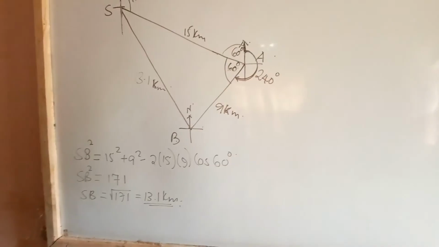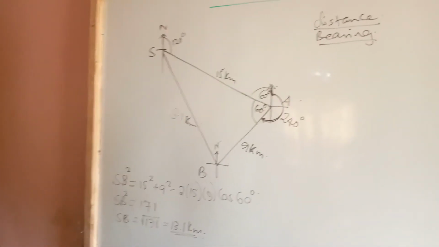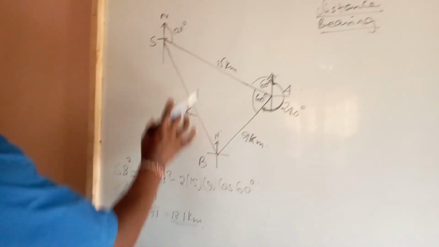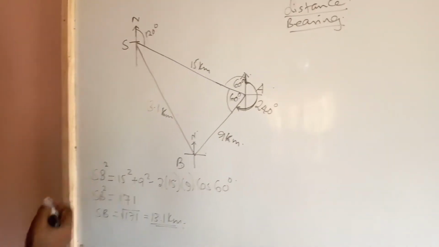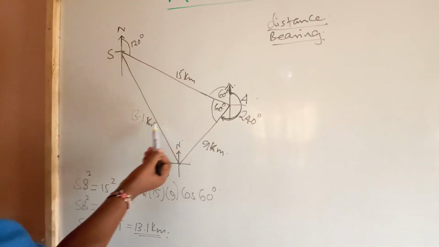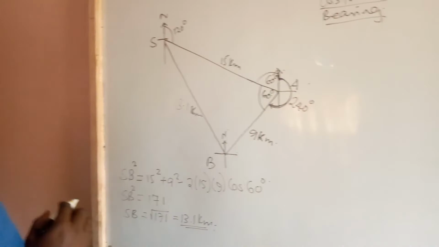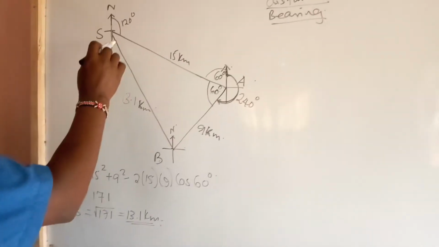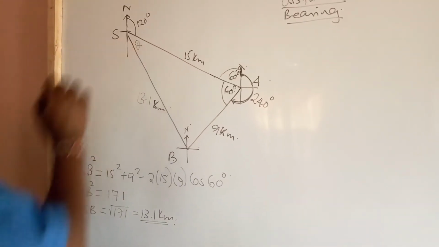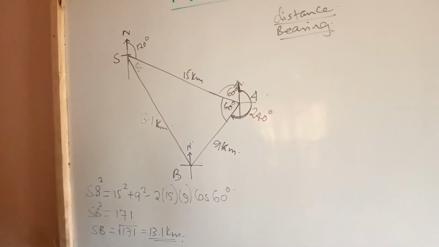Having had that, it is important that we realize we now have all three sides, and each side has an angle opposite it. If we can get this angle, which we call theta, then we can easily compute all the angles of the triangle.